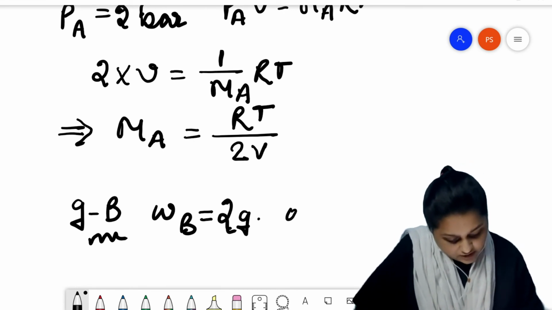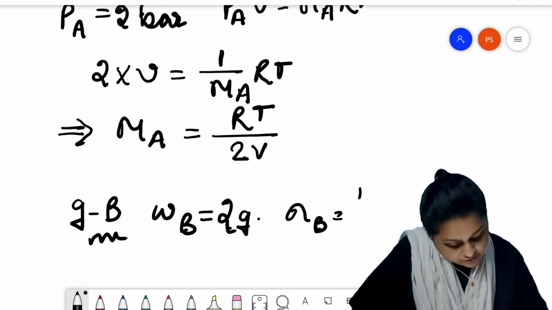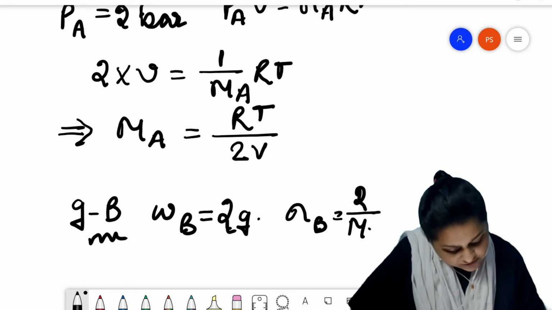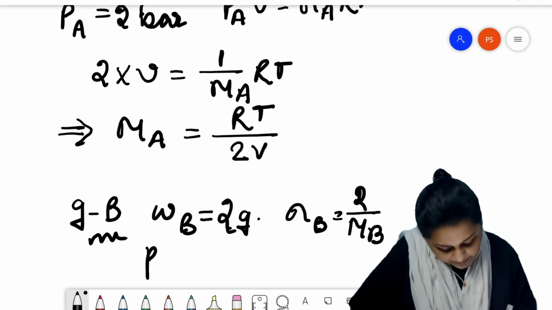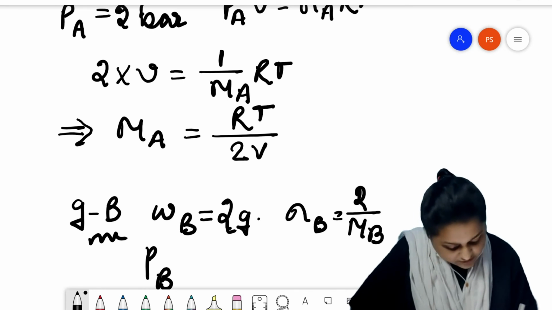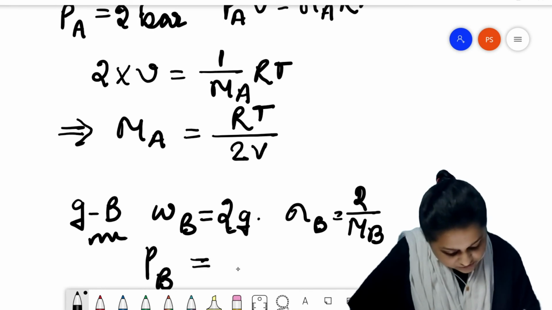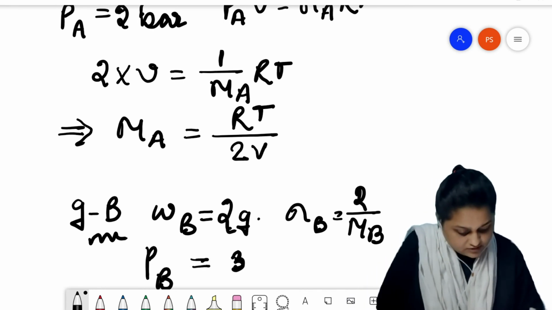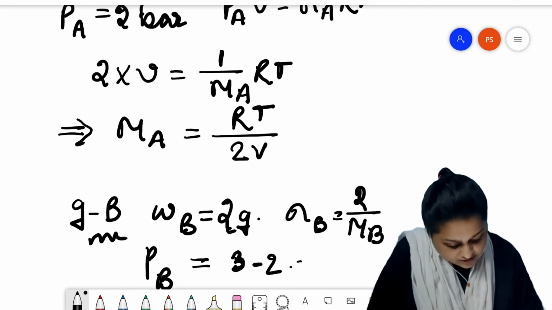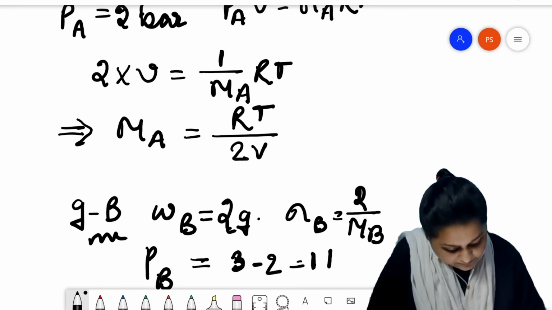So n of B is going to be 2 by molecular mass of B, and the pressure of B is total pressure 3 minus 2 equals 1 bar.